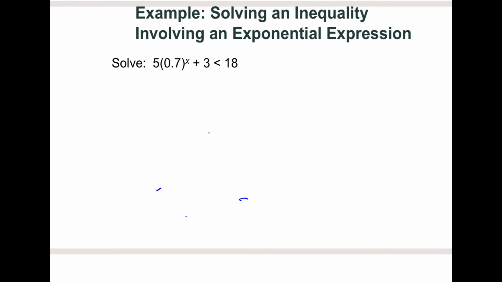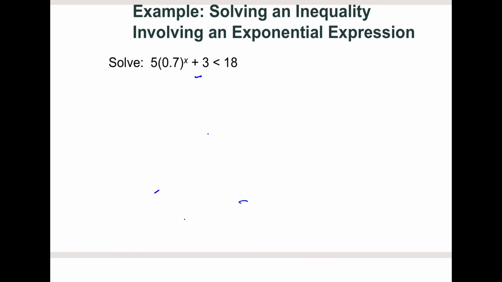So for this first one, I'm just going to get that exponential part by itself. Starting out, I'll subtract 3 on both sides. That gives me 5 times 0.07 to the x is less than 15.